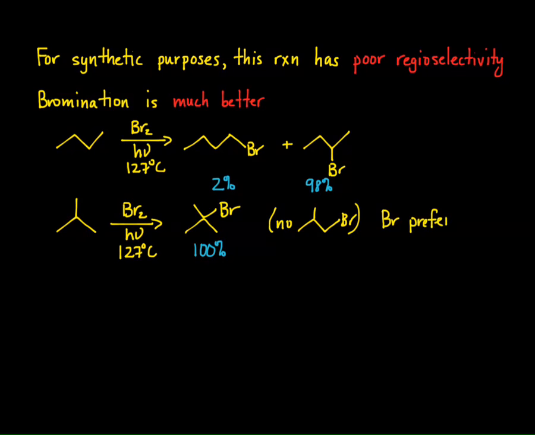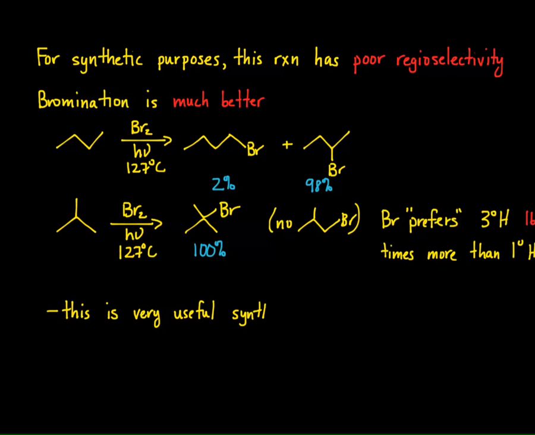Now, the reason for this, if we used the equation that we used, we would see that bromine prefers a tertiary hydrogen, it says 16, but it's actually 1,600 times more than a primary hydrogen. And this is wonderful in terms of thinking about synthesis, and getting a very high yield.